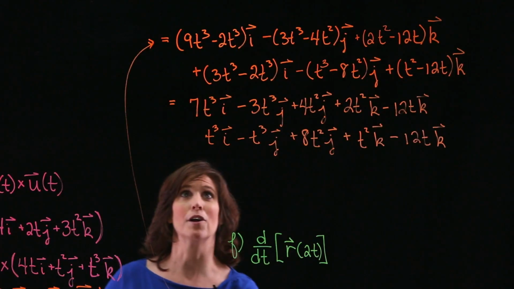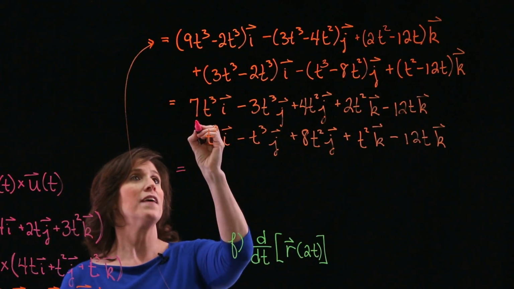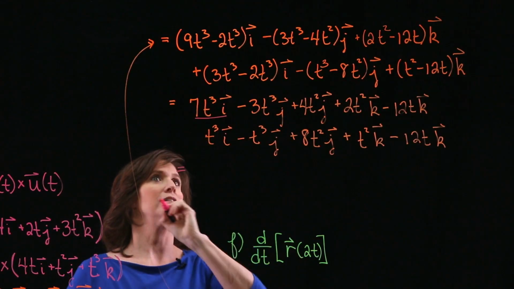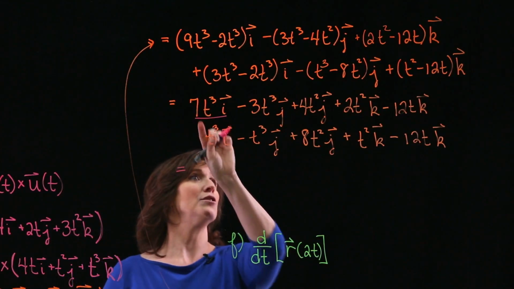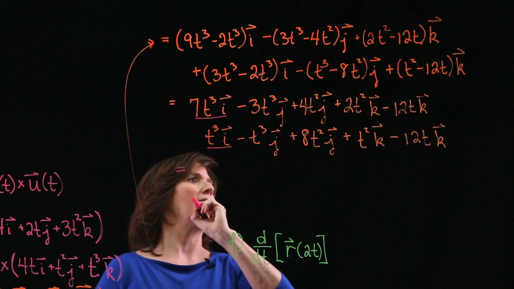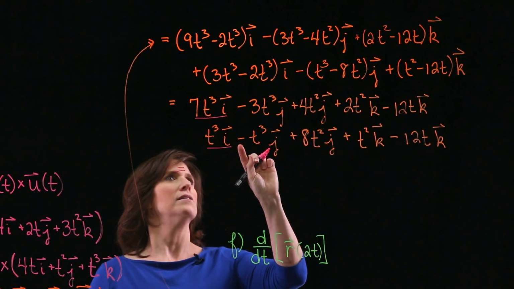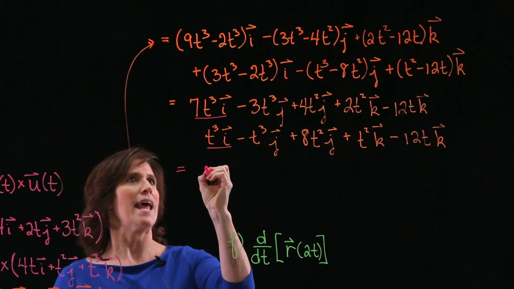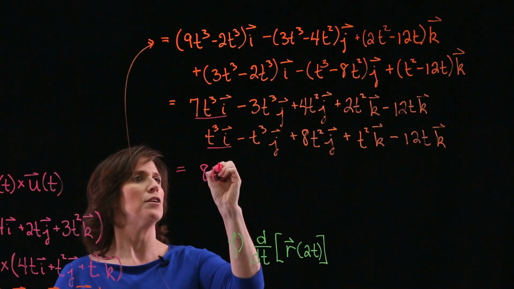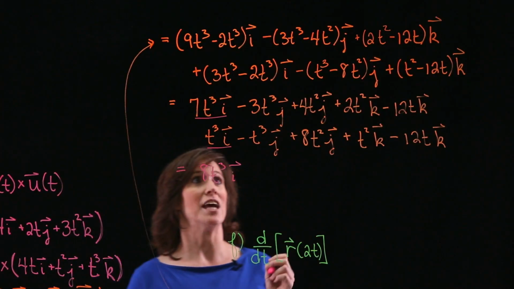Okay, I think I'm ready to put it all together now. I have all the i terms that I need to put together. So there's a 7t cubed times i and a t cubed times i. So that's going to give me an 8t cubed times vector i. Now let's collect all the j terms.